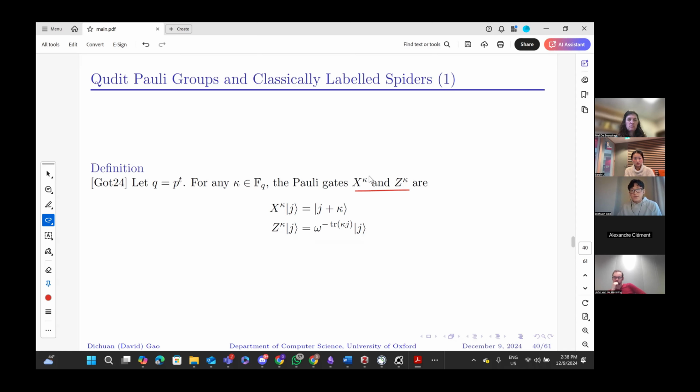And these gates will take abstract exponents. These exponents are abstract exponents coming from the big field, so they don't just take numeric exponents. And you just define them like so. So you can see indeed if kappa is 1, for example, then this is just the regular X and Z gates.